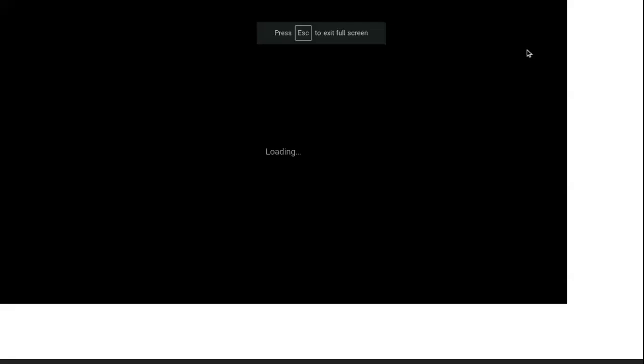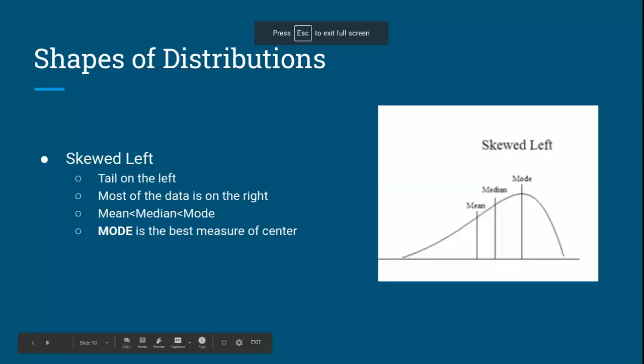I don't know. Okay, so again, if the data is skewed left, that means most of the data is on the right side and the mean is still the lowest. The median, by definition, is in the middle.